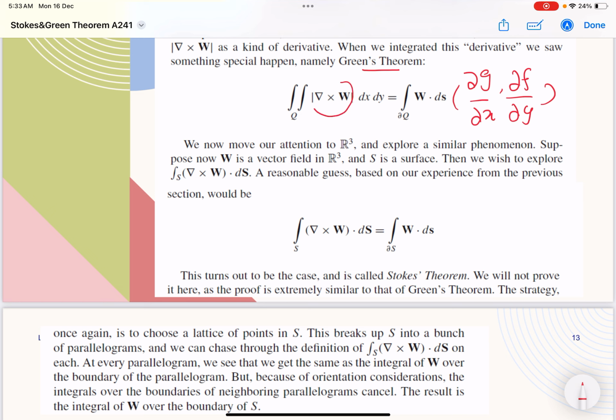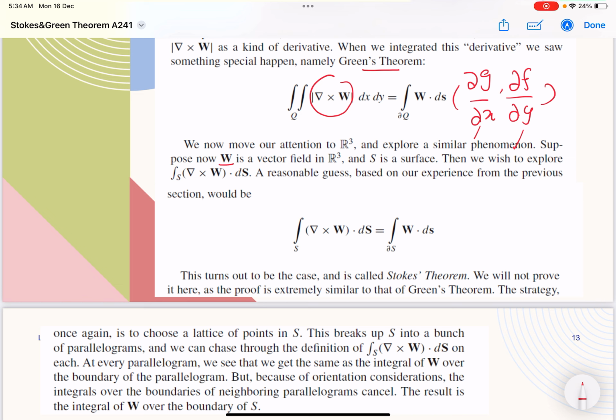If you remember, Green theorem involved the curl, which is the same thing for Stokes theorem. But for Green theorem, we didn't have a Z component, so your life was easier. It only involved two parts. But for this one, we have a three-dimensional real space.